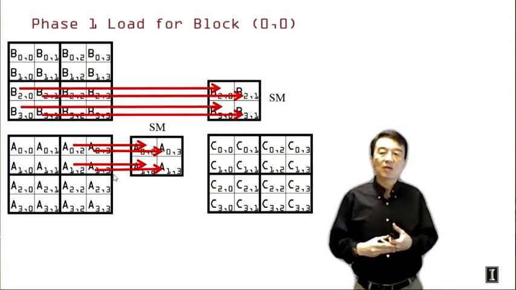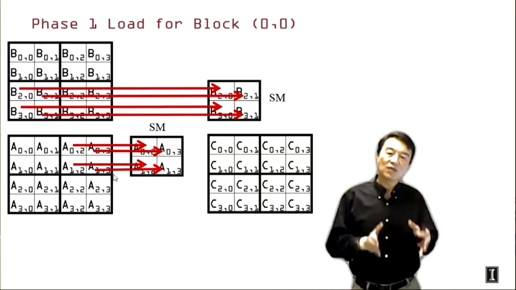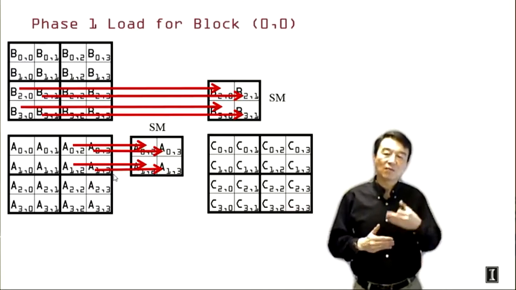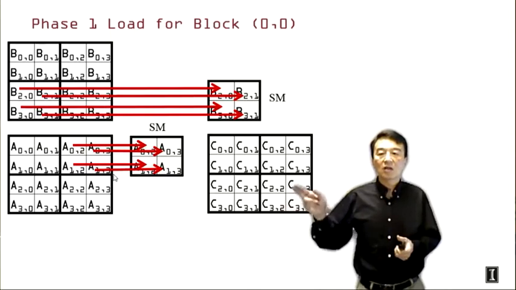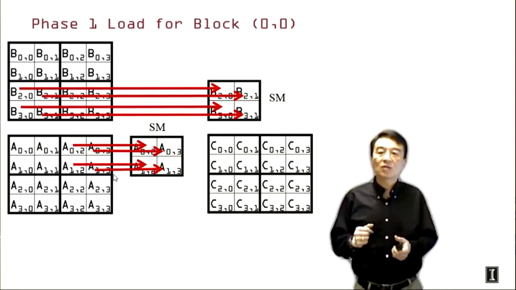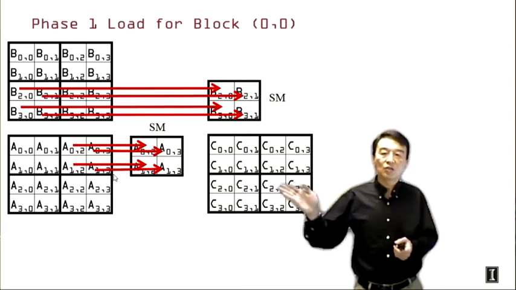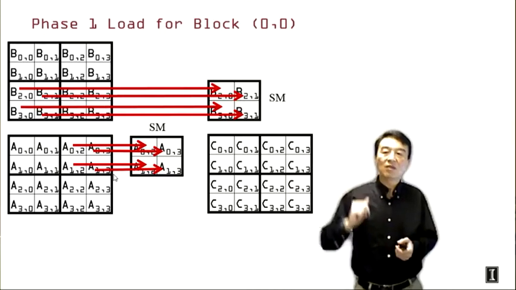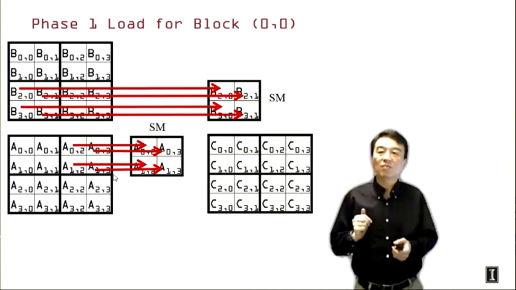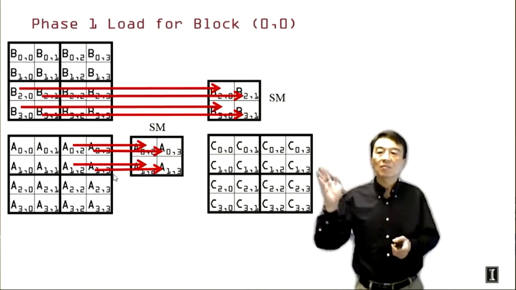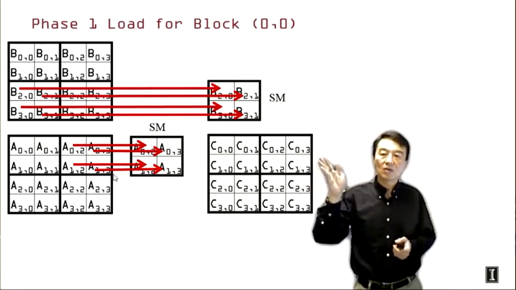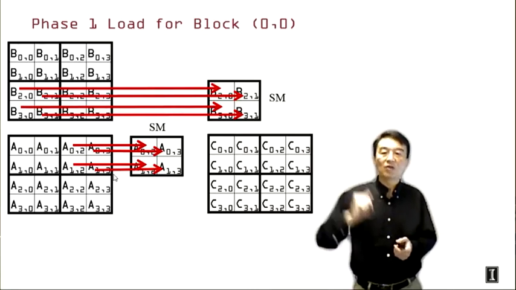So when we bring the next tile into shared memory, we can just overwrite the previous tile loaded from the previous phase. So now we're loading A02, A03, A12, and A13 into the shared memory. And we're doing the same thing for B, but we're loading B20, B21, B30, and B31.